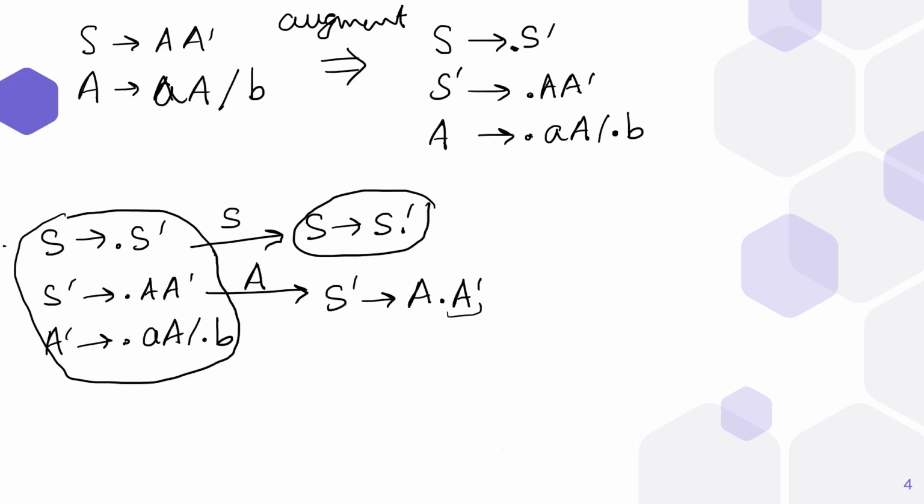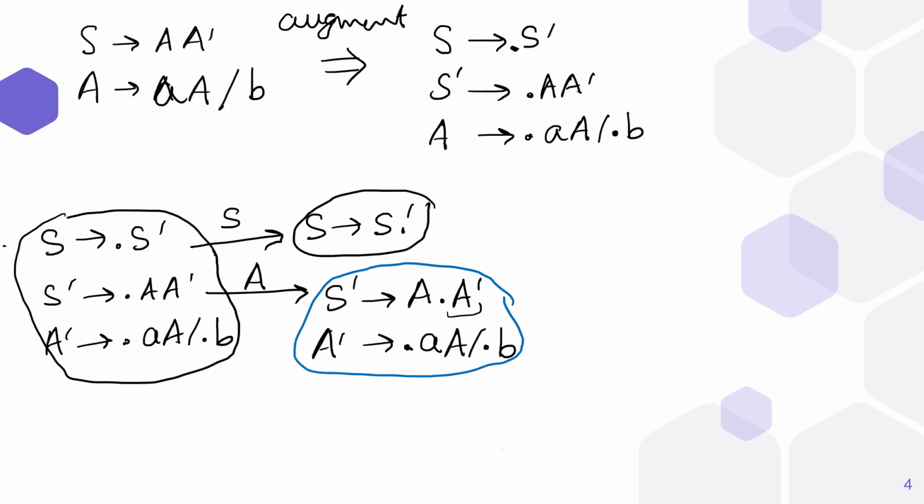Because we are getting a variable just after a dot, we have to rewrite that production. Here the catch is, if we are getting a variable just to the right hand side of a dot, then we have to write that production. Now we will shift small a.